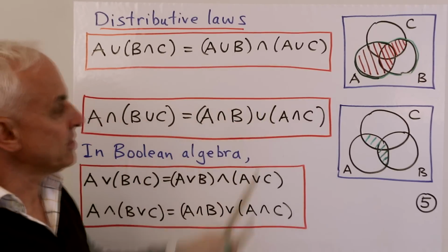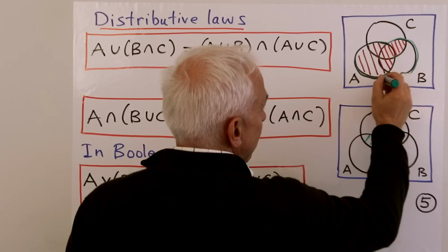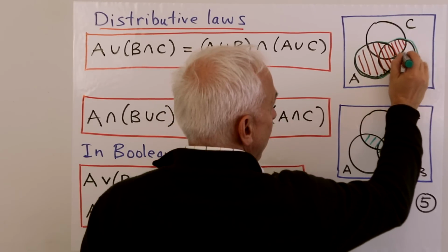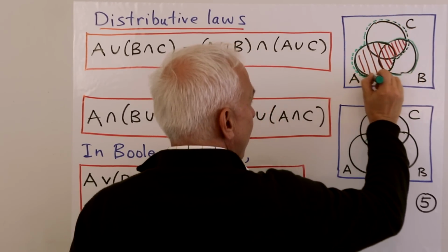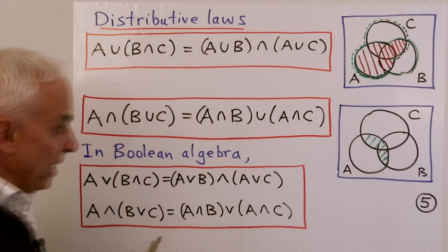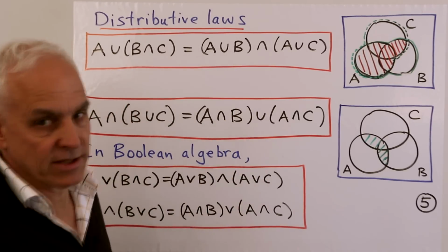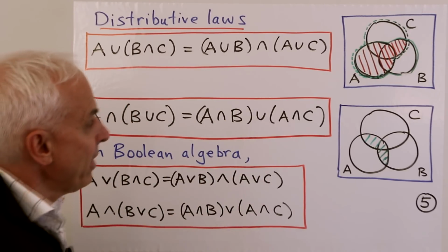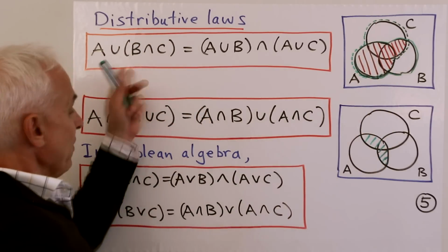And A union C would be everything that's inside, maybe I'll dot it, A and C. Okay, so there, the dotted region is A union C. And we're supposed to take the intersection of those two things, the things that are common to both of them, and you can see that that's exactly the red set that we have on the left-hand side.